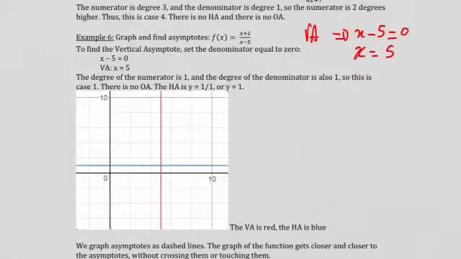Now, you will also realize that the degree of your top is 1, and the degree of your denominator is 1 also. That is case number 1, and that means we have a horizontal asymptote, which is the ratio of the leading terms. The top is 1, divided by the bottom is 1, so the horizontal asymptote is going to be y equals 1.